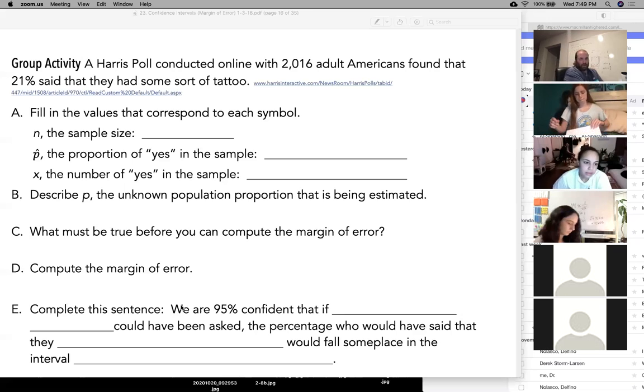What is the proportion of yeses in our sample? 21%. They gave us this information. What is the number of yeses in our sample? 21% of 2016, which is what?